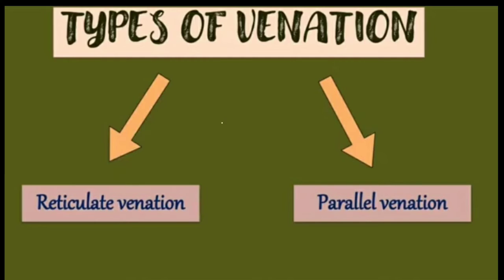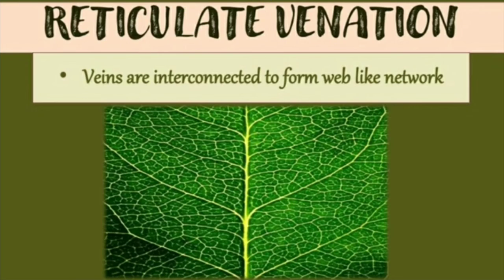Let us first see reticulate venation. If the veins are interconnected to form a web-like network, it is called reticulate venation.